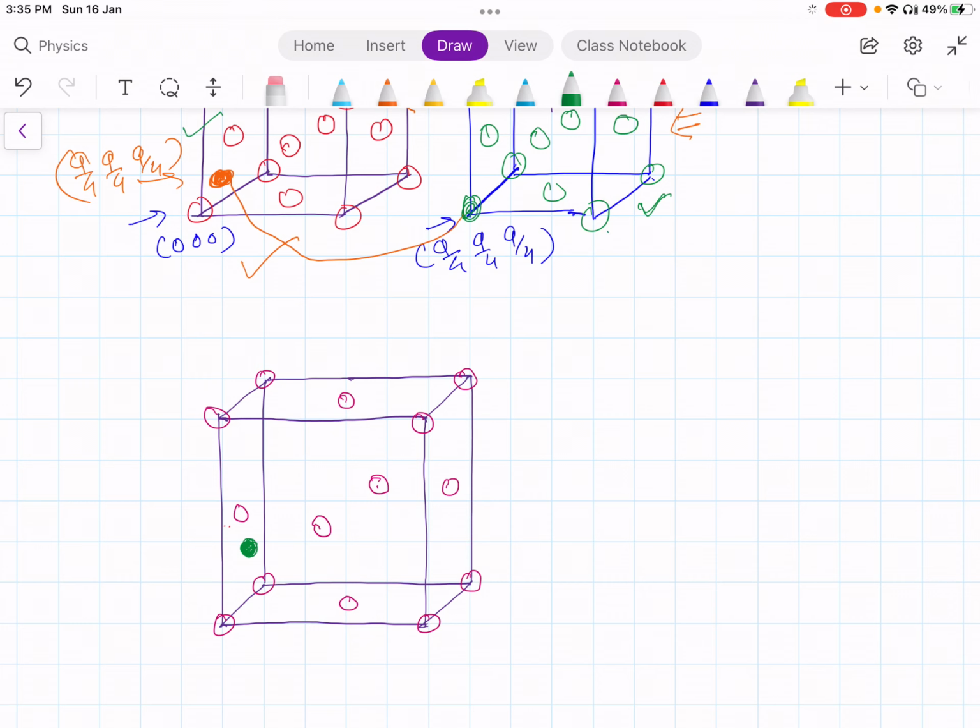So the four atoms of this unit cell come inside the unit cell such that there is one atom along each body diagonal. In this case, we can draw four body diagonals. So there are four atoms, each one along one body diagonal. So this is the one. Another one is this.